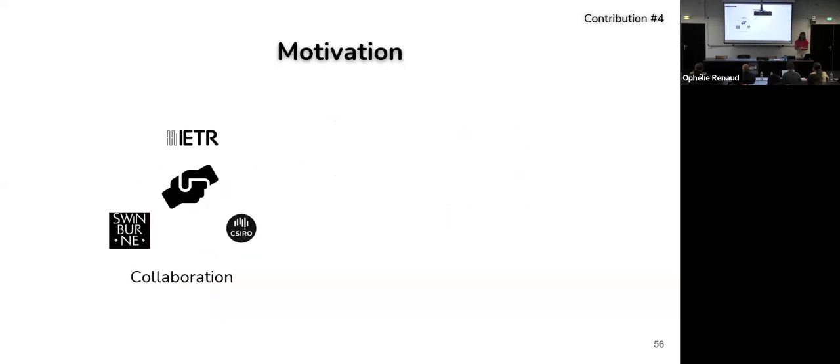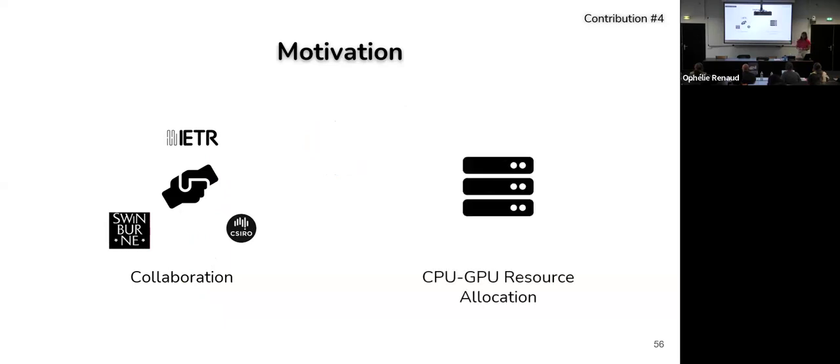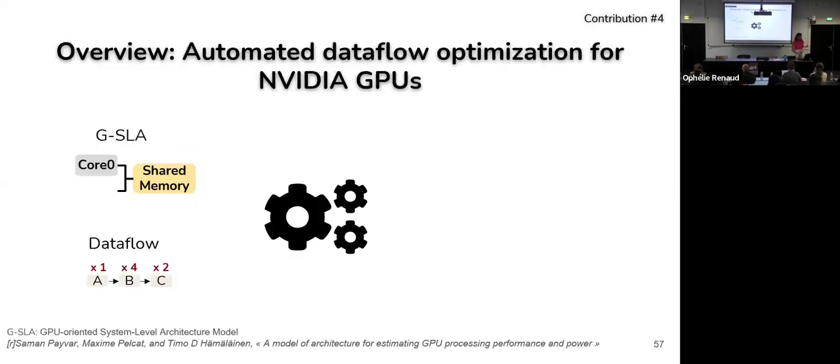So this is our ongoing work, and it was motivated by collaboration with two partners, the Australian astronomers at Swinburne University and the CSIRO astronomers. And we want to allocate resources on modern heterogeneous architectures that are composed of CPU and GPU. I will not detail this method, just give an overview.